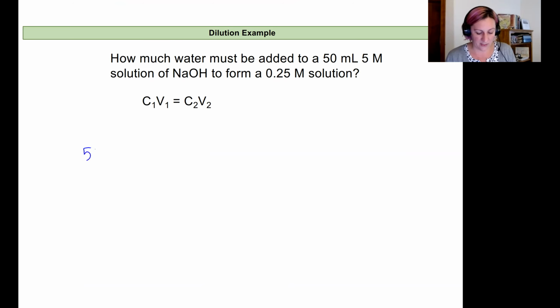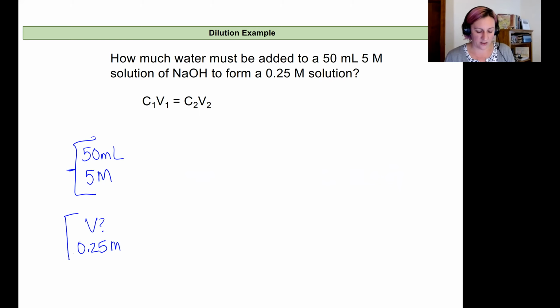We have 50 milliliters of a 5 molar solution. These are linked together in how the problem is worded. They're saying you have a 50 milliliter 5 molar solution, so these are one thing. And we want to figure out how to get to a 0.25 molar solution. What we don't know is the volume of that 0.25 molar solution.